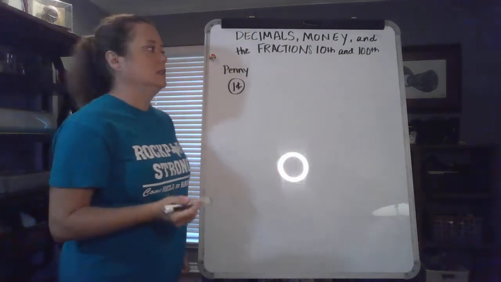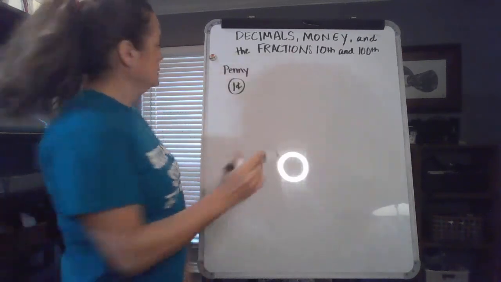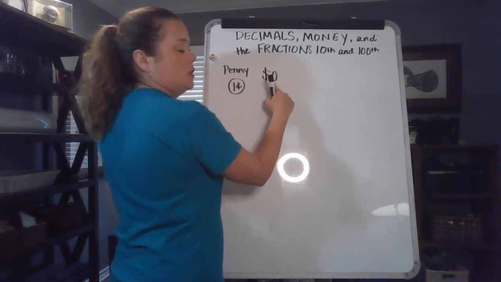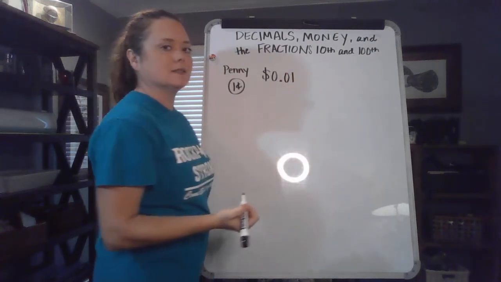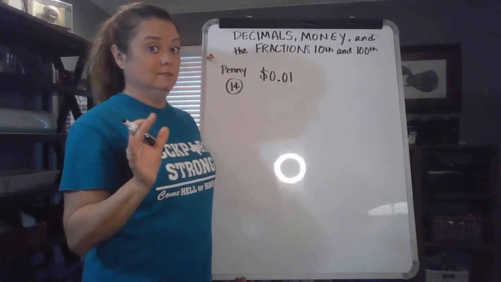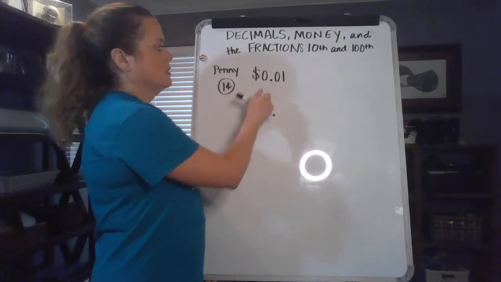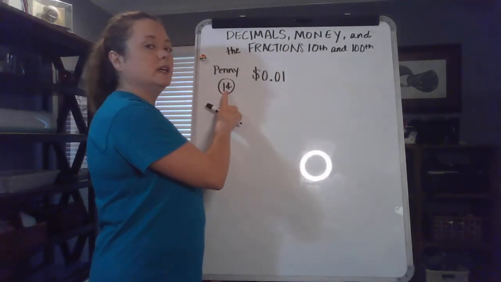If I want to write this 1 cent like money with the dollar sign, I'm going to say $0, a decimal, and 1 cent.